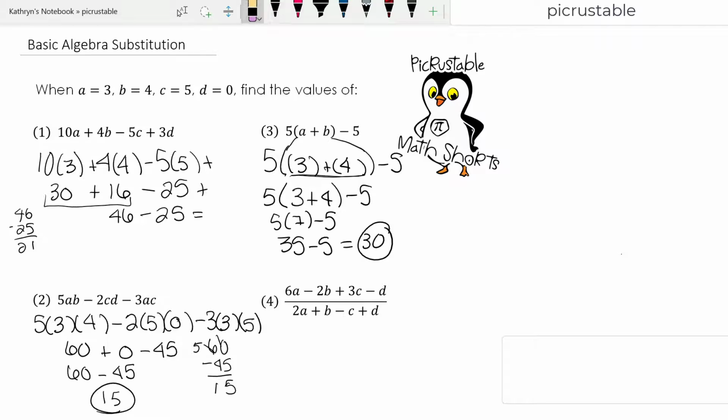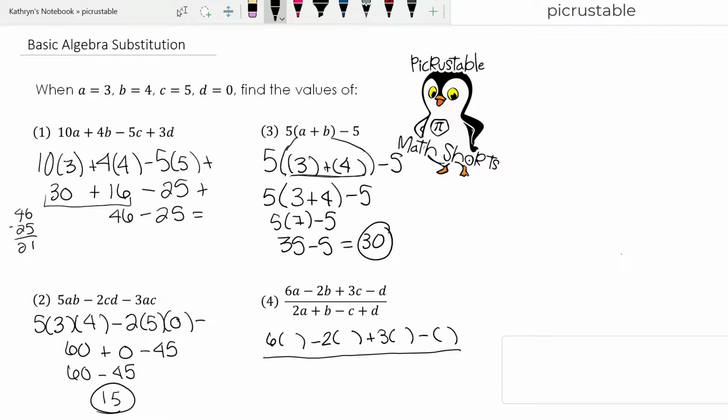Now let's look at the last one. So once again, I'm going to erase a little bit here. I'm going to have 6 parentheses minus 2 parentheses plus 3 parentheses minus parentheses. Now what I recommend is filling in the numerator, or the top, first, because if I have a whole bunch of numbers and parentheses in the numerator and in the denominator, it's just going to get too confusing. So let's fill in the numerator.